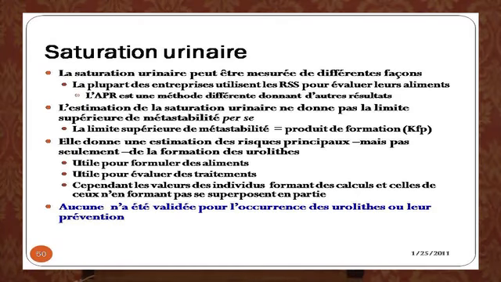Urine saturation studies estimate the major but not only risk factor for stone formation. They are a good starting point for formulating diets that help minimize, especially in cats, the risk of struvite and calcium oxalate stone formation. They can be used to evaluate treatments.